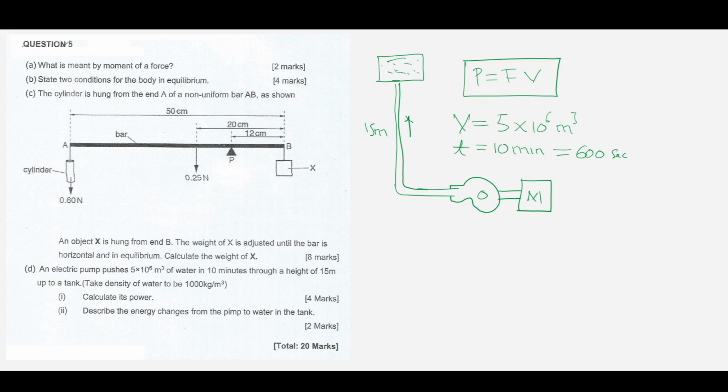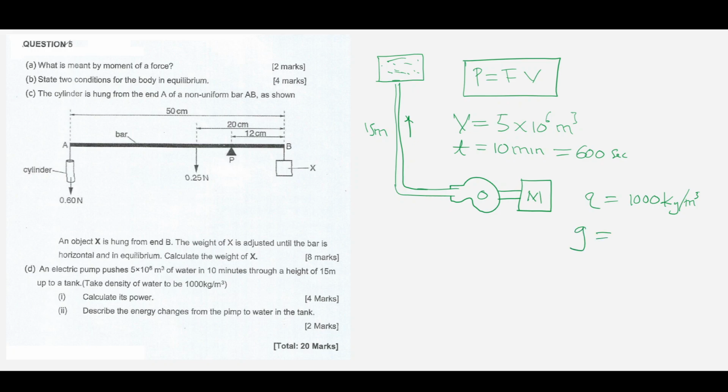Okay, and we also have the density, rho. Okay, we can write the density here. Rho is equal to 1000 kg per cubic meter, and we can also put the gravity.